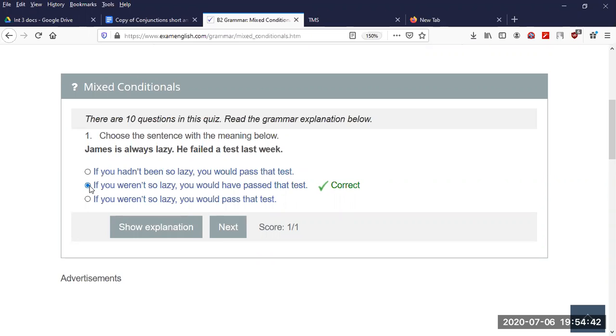This one isn't correct because this second clause doesn't make any sense, not in the context. And if you weren't so lazy, you would pass the test. This is the future. You would pass the test. So it can only be the middle one.